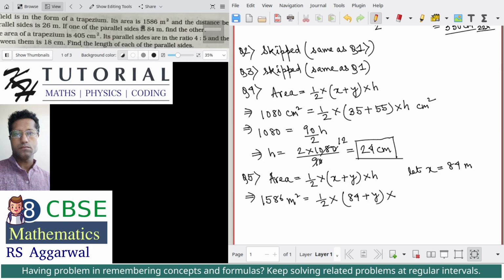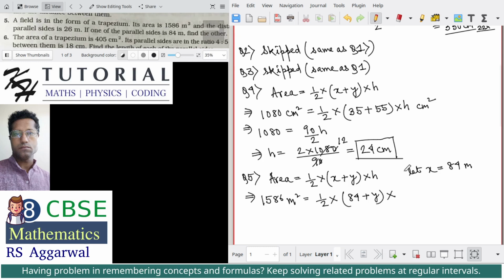and the distance between its parallel side is 26 meter, that is the height is 26 meter. So if we ignore the meter square, we have 1586 is equal to 84 plus y multiplied by 26 divided by 2.